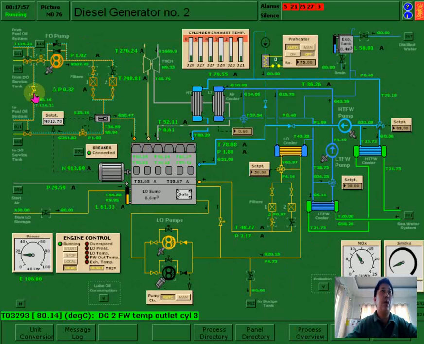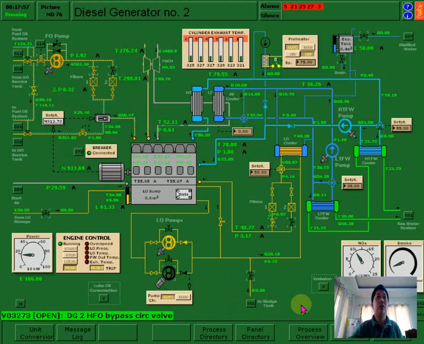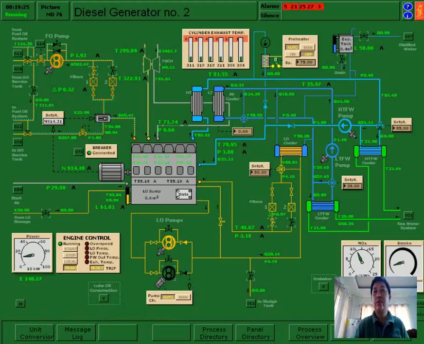I will close the bypass valve of number 2. I will close this one. I will wait. Now it's a long time responding. So now the bypass valve is closed. I will change over to fuel oil.